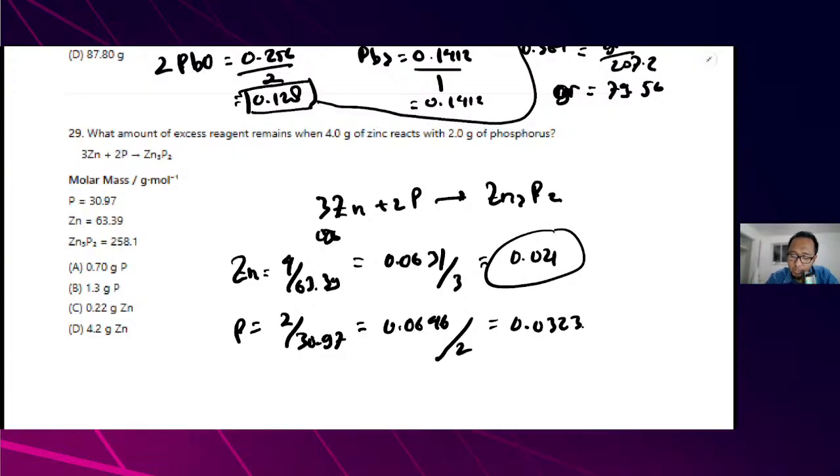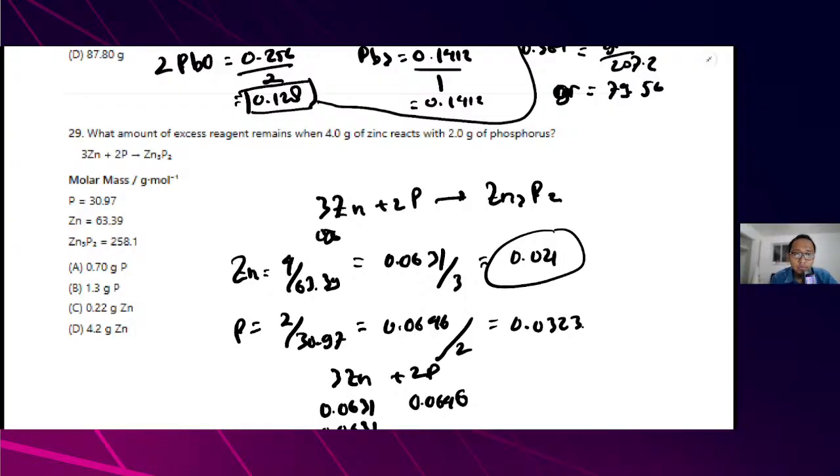And then the question is, what amount of excess reagent remains? Okay, reagent. So the question is about P. Let's take a look at the reagent P. As you can see, guys, over here it should be 0.0631, and then this one 0.0646, and then we have to use this number times 2.